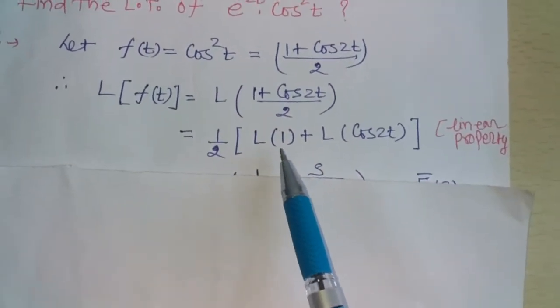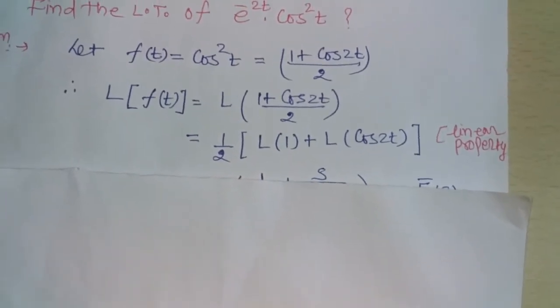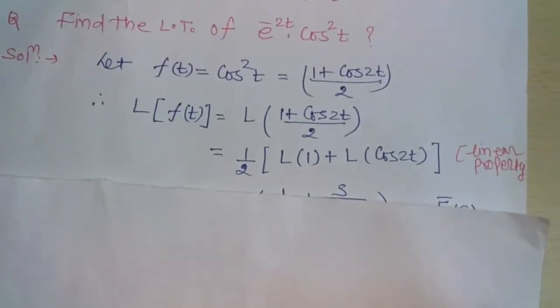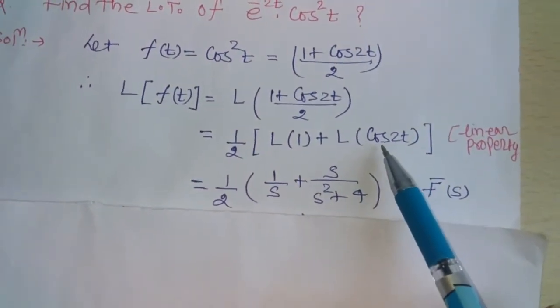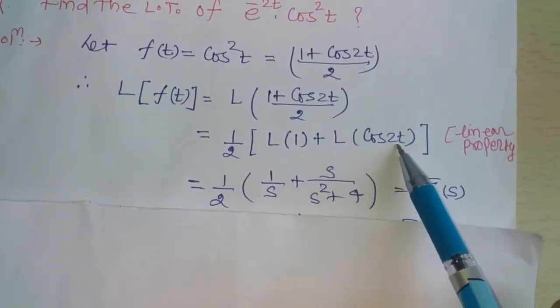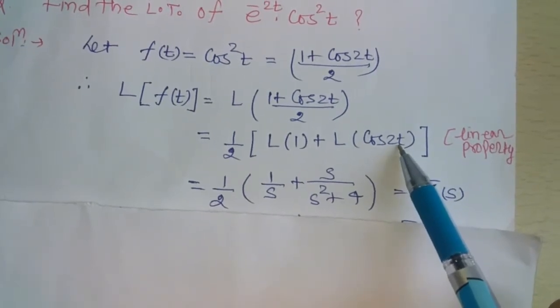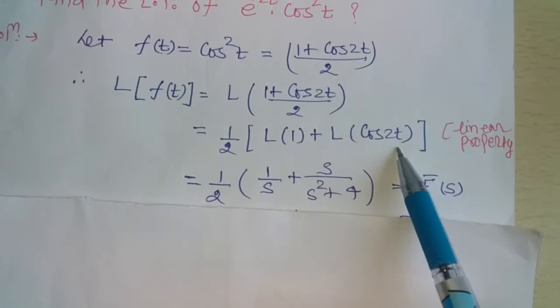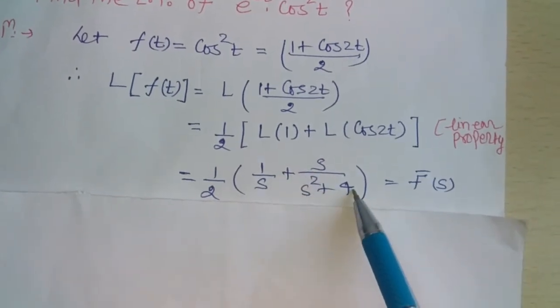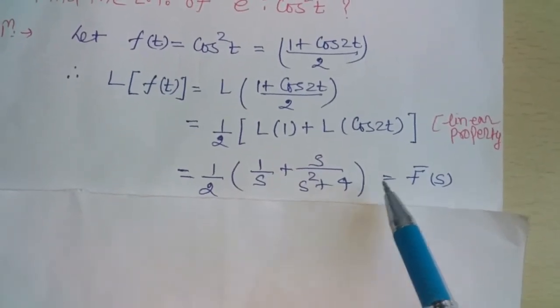Now the Laplace transform of 1 is 1 by s and Laplace transform of cos 2t, using the formula Laplace transform of cos at is s upon s square plus a square, is s upon s square plus 2 square, that is 4. This is f bar s.